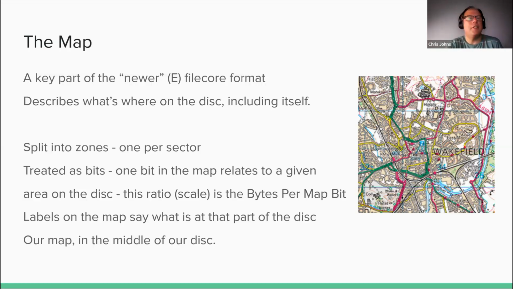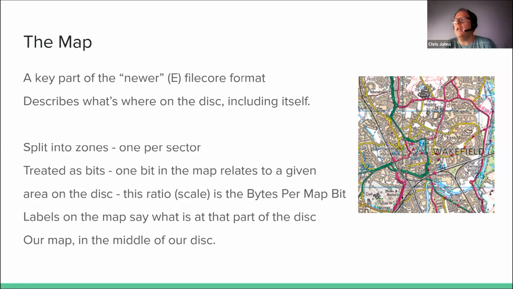Our map is in the middle of our disk, and the map is always in the middle of the disk. I am presuming, but not sure I've ever seen this officially documented, that it's there because that means on average you're only going to have to go up to half the disk to get to it.